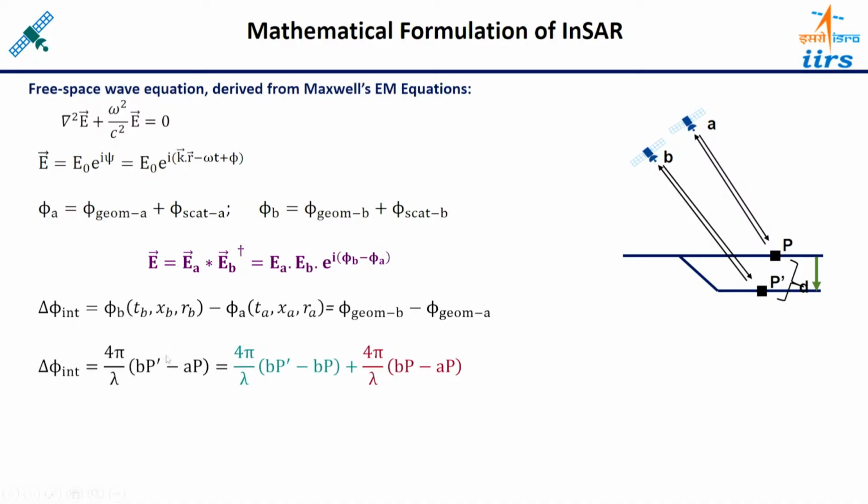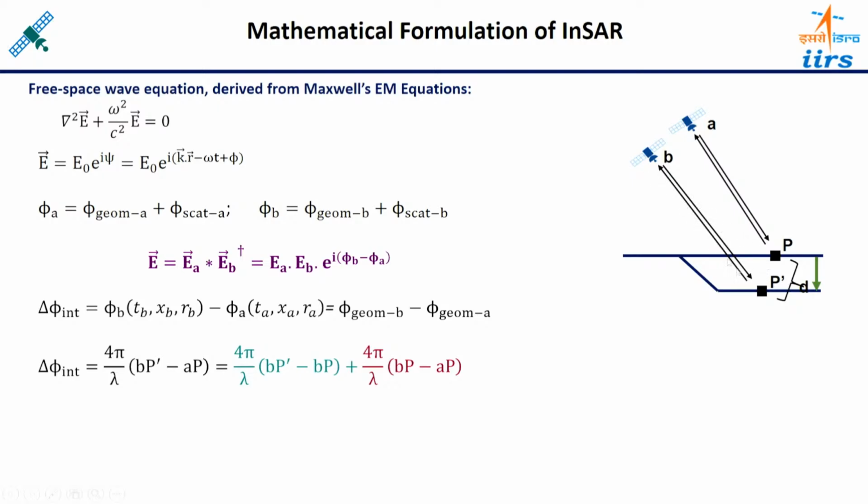Now we are just rearranging this equation. So BP is subtracted, BP is added, and this way the equation becomes like this. Here you can see this particular term, in green color, BP prime minus BP. It means in this particular triangle we are saying P prime P to B, then B to P prime.